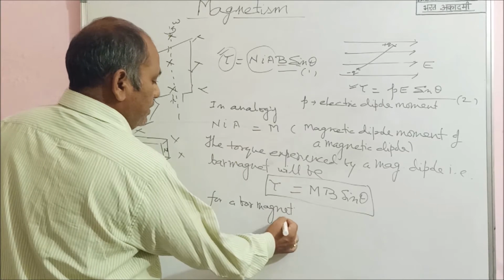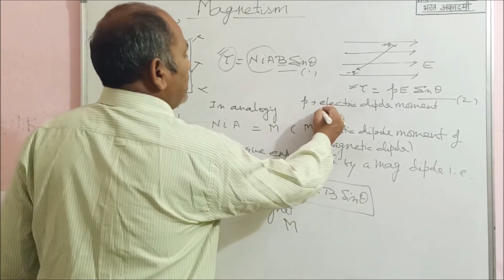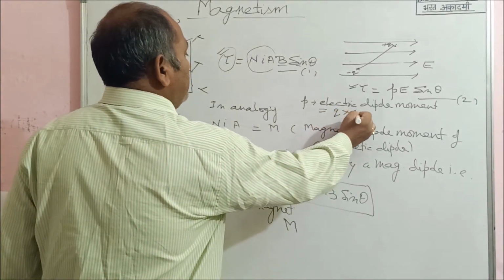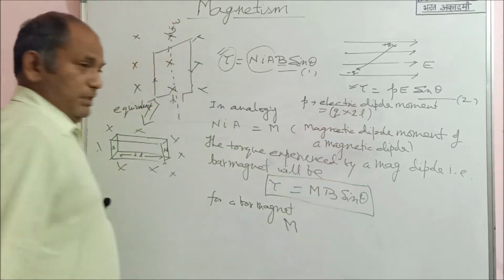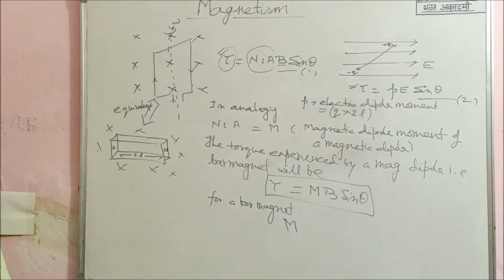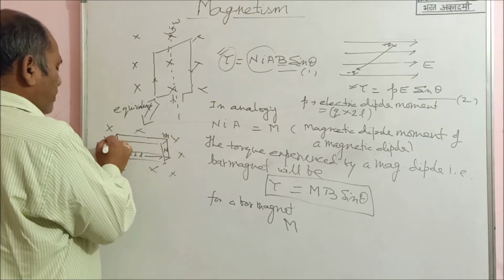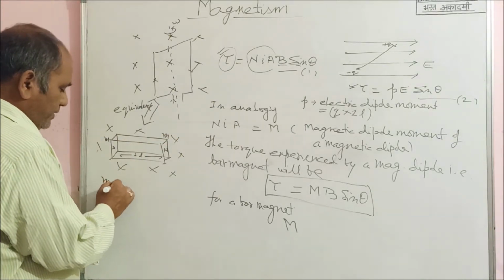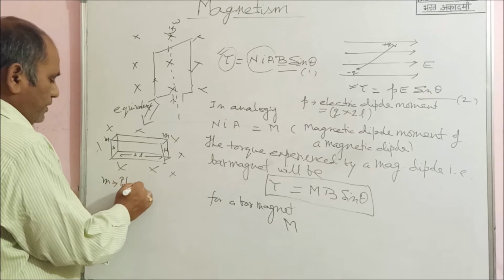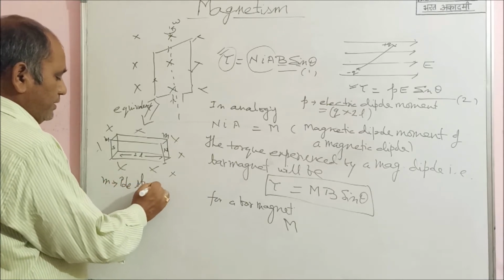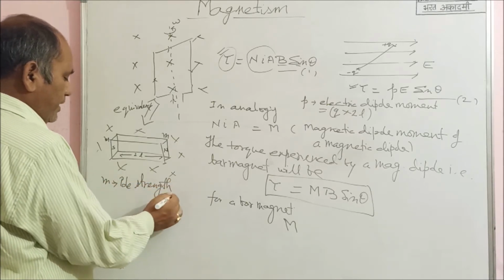This M should be something like Q into 2L, right? Where Q was the charge, here nothing to do with the charge. Here we consider a physical quantity, small m, we call it pole strength. Instead of charge, we are using the pole strength of the bar magnet.